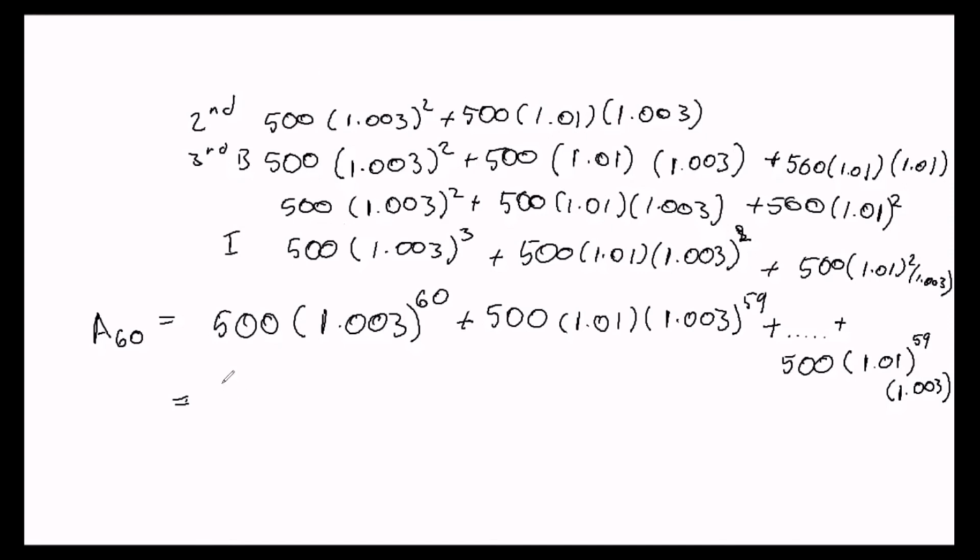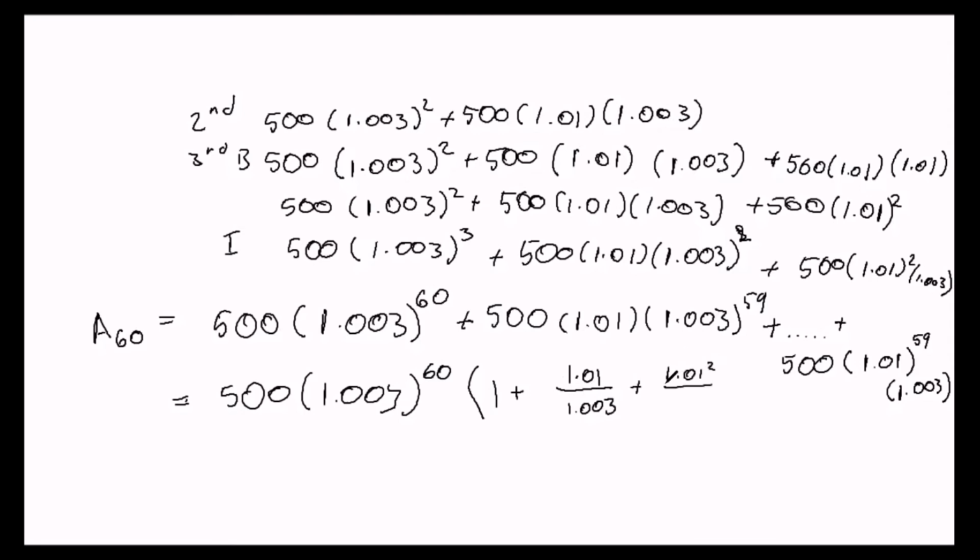So another way of writing this is 500 outside of 1.003 to the power of 60, right? Mm-hmm. So then what do we get for our first term? 1. Yeah, 1. What do we get for our second term? Well, we're going to get 1.01 over 1.003. And then what about for our next one? 1.01 squared over 1.003 squared.